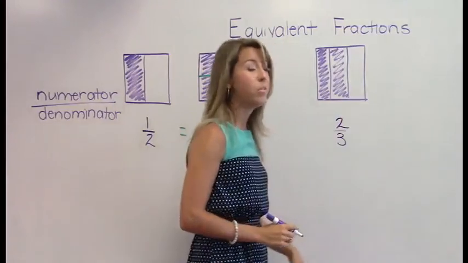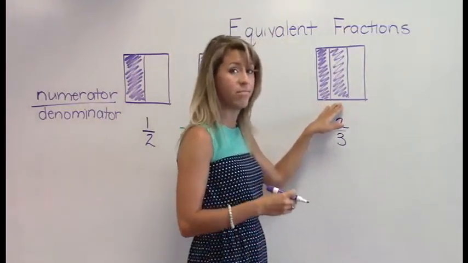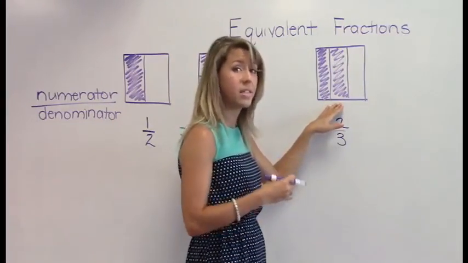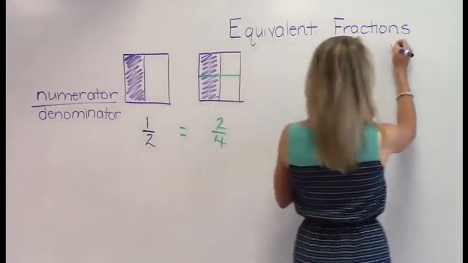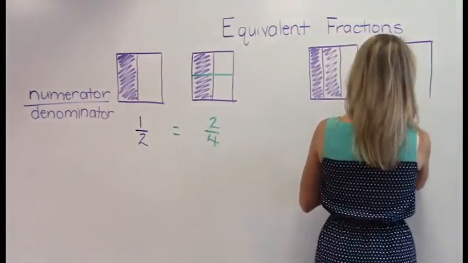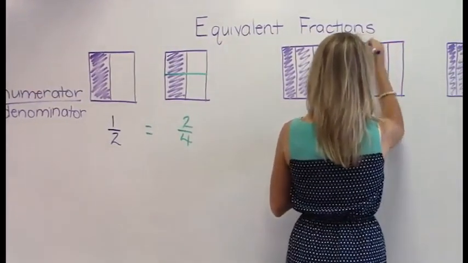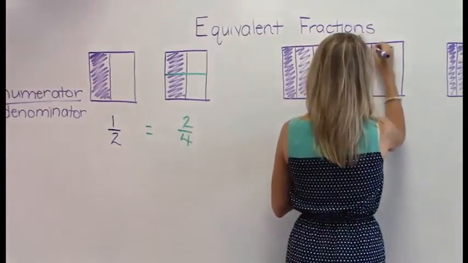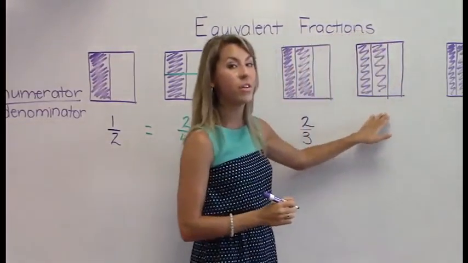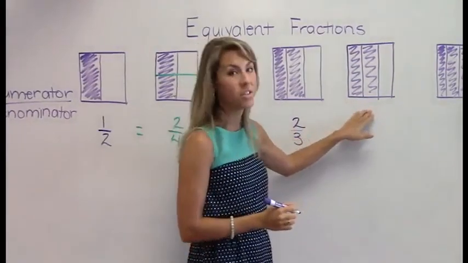If I want to represent this same amount using a different fraction, I'm again going to redraw my whole the same size and the same shape. And I'm going to keep my 2/3 the same. Right now, these area models are identical.